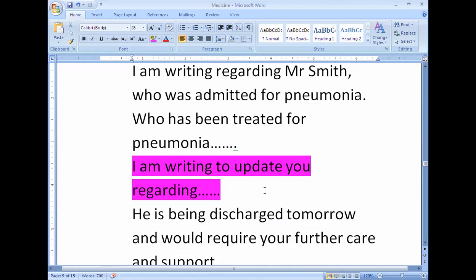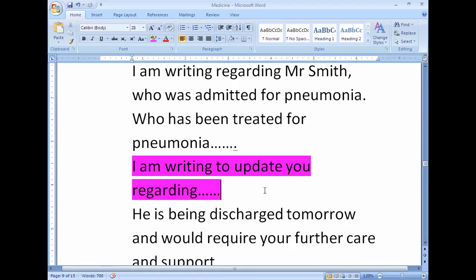Yeah, update letter. For example, you are a cardiologist, the most famous cardiologist of your country, and I am a small GP in a village. I have sent you a patient because I don't know about cardiovascular disease and you are the famous specialist.